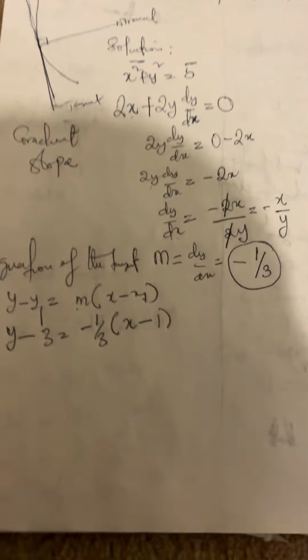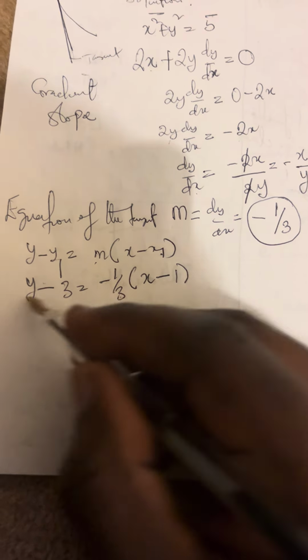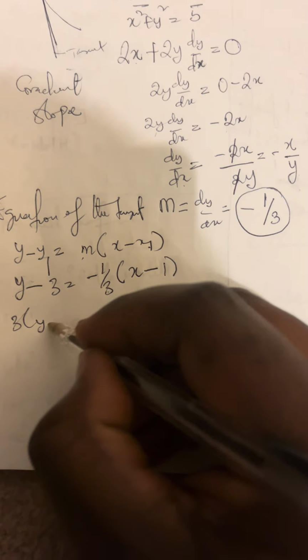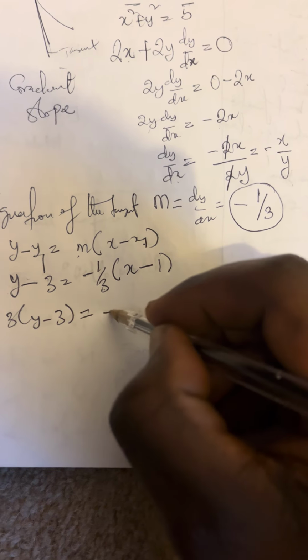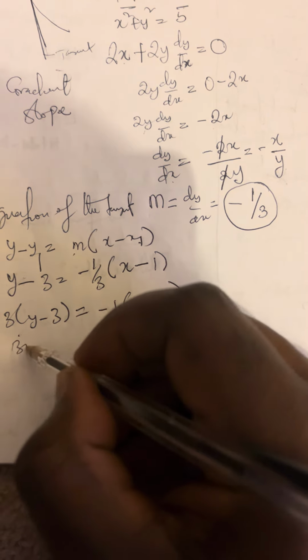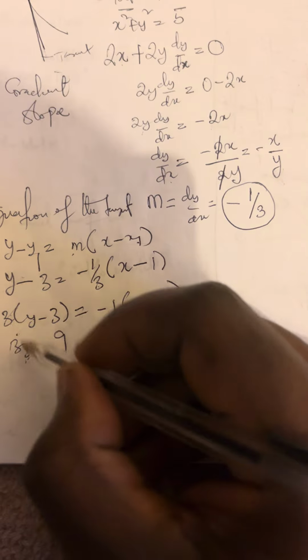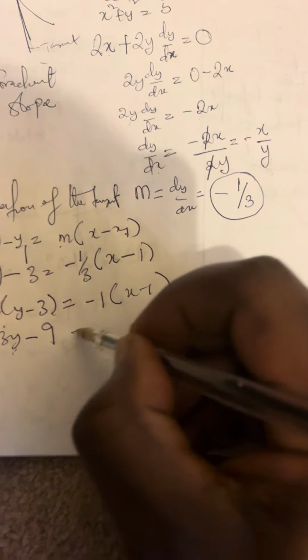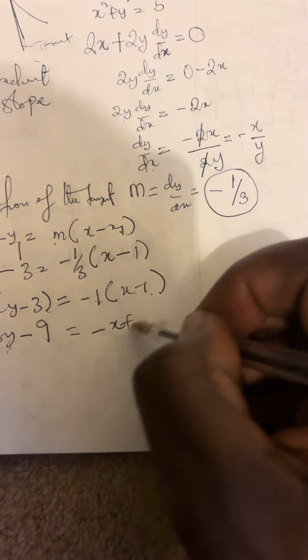Quickly we can cross multiply. So 3 times y minus 3 equals minus 1 bracket x minus 1. Open the bracket: we have 3y minus 9, 3 times y is 3y, 3 times 3 is 9, equals minus x plus 1.